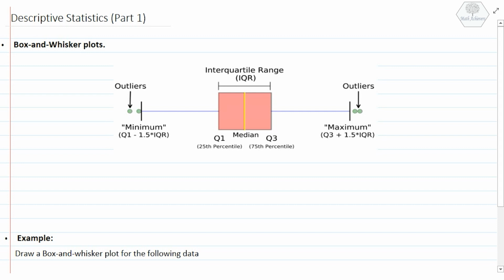There are 5 important values that we have to care about in the box-whisker plot. The first value is the minimum value. This whisker in here represents the minimum value.